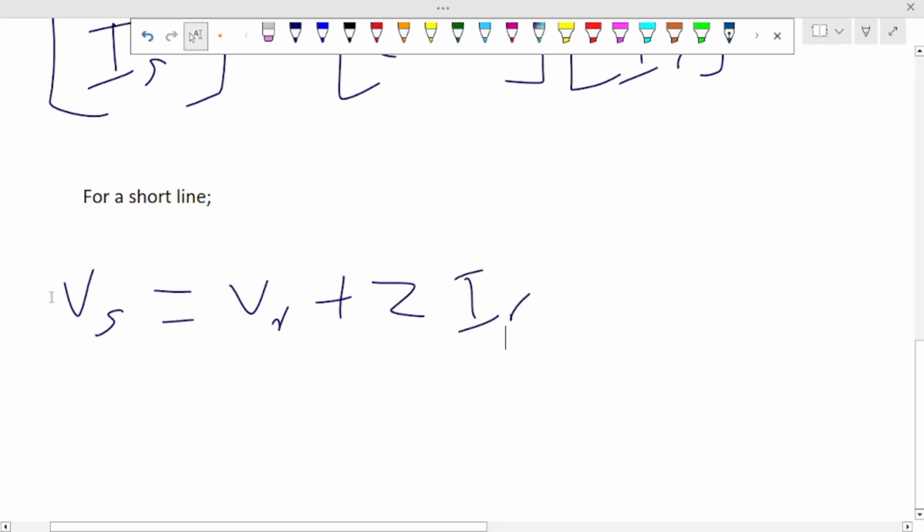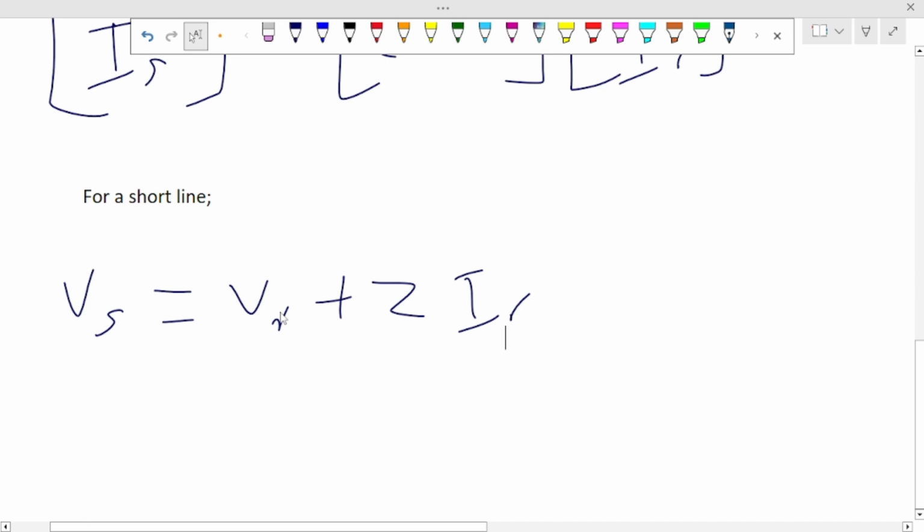This is the sending end voltage, and from KVL it equals the receiving end voltage plus any voltage drop along the line. For a short line, the voltage drop is due to resistance and inductance, so a short line has just two parameters, and our impedance takes care of that. So it is the impedance multiplied by the receiving end current.